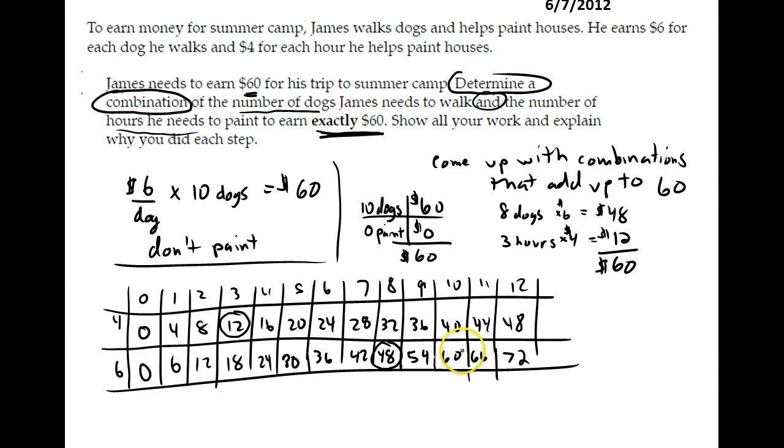And you can find more. 6 dogs and 6 hours. 6 dogs would be $36. 6 hours would be $24. You make $60 that way.